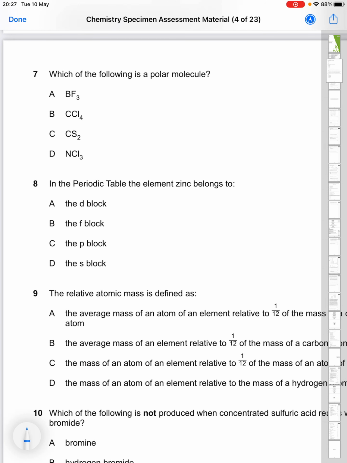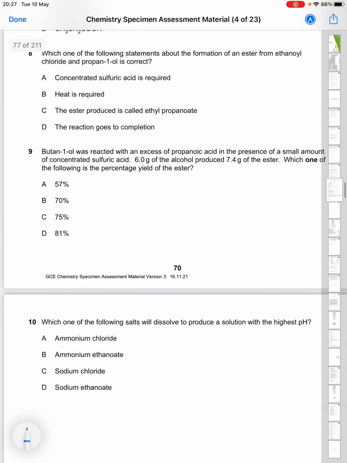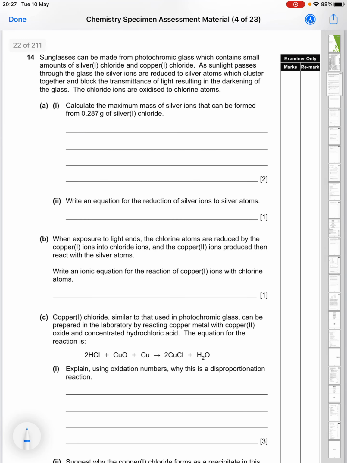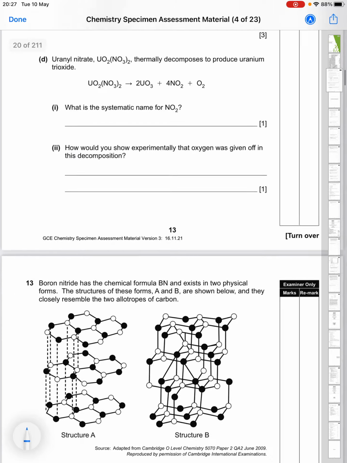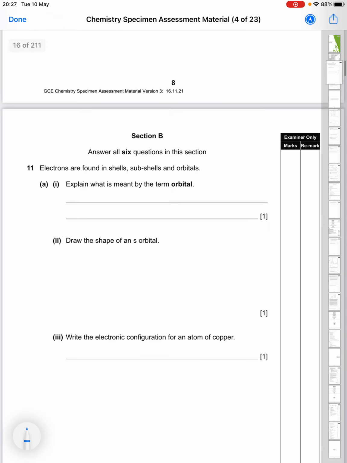Number 7, which of the following is a polar molecule? Now, immediately when I look at this, my eye is drawn to D, which is, I've lost the page. Apologies, spoilers here.